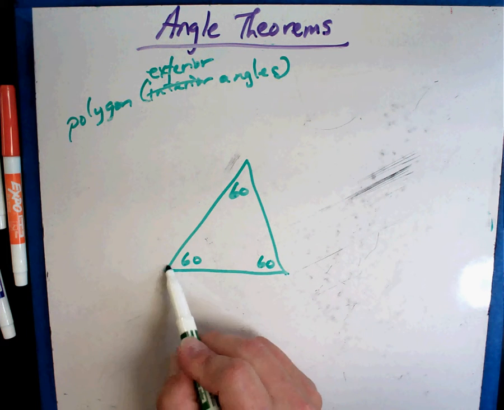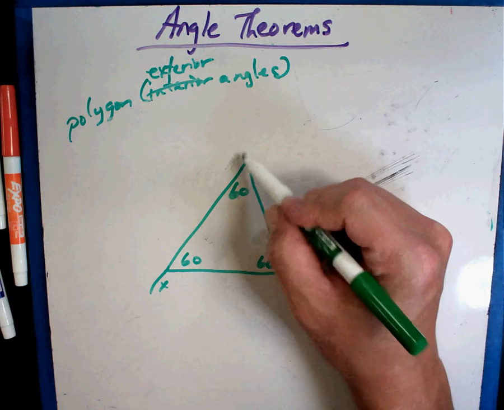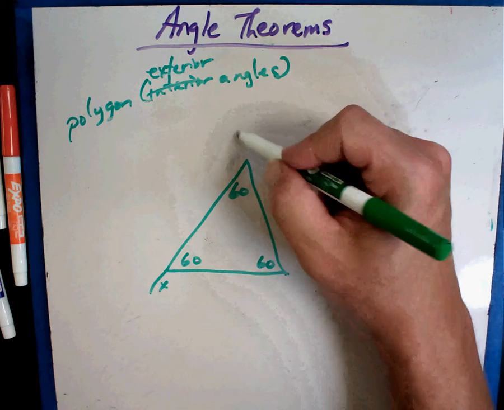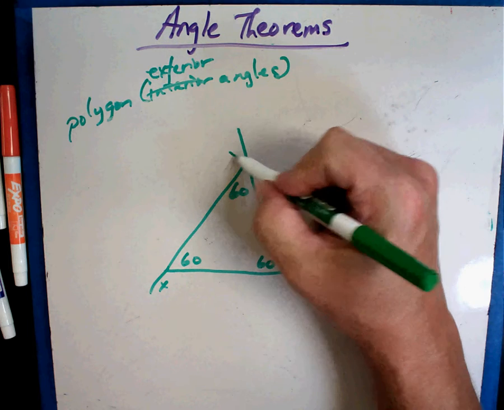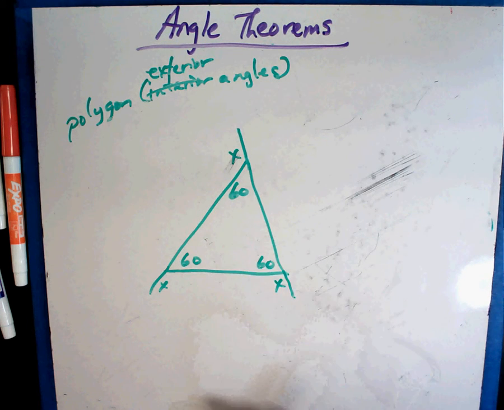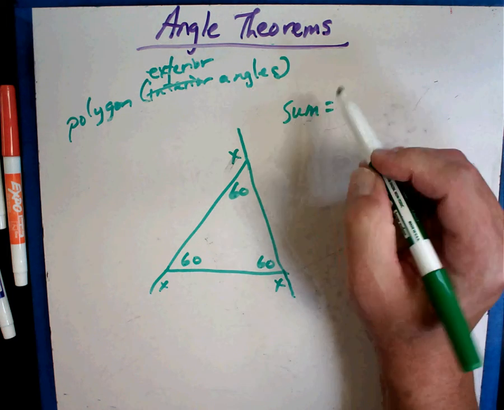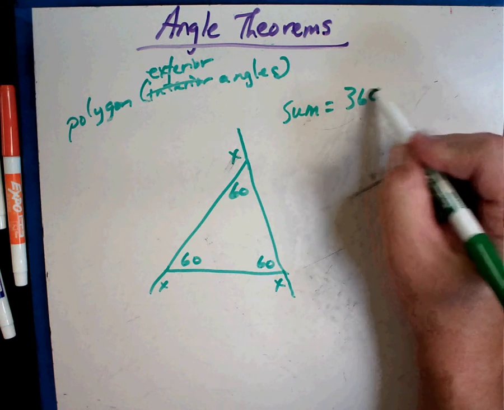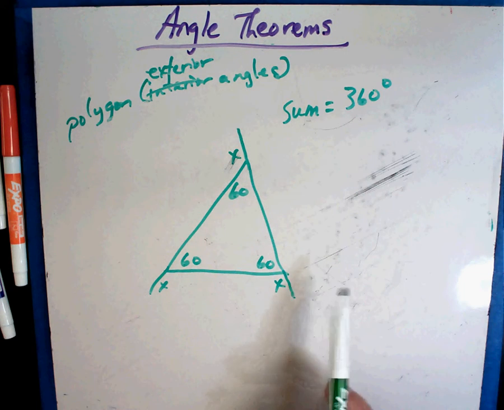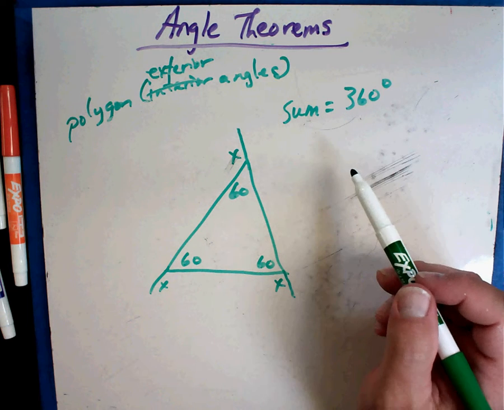If they want to know some exterior angles, like they want to know that one, and that one, and that one, they want to know those degrees. Well, the rule on this is the sum is equal to 360 degrees. However many of those there are, the sum of those always equals 360.